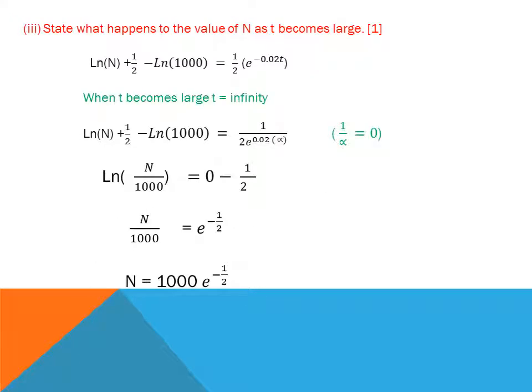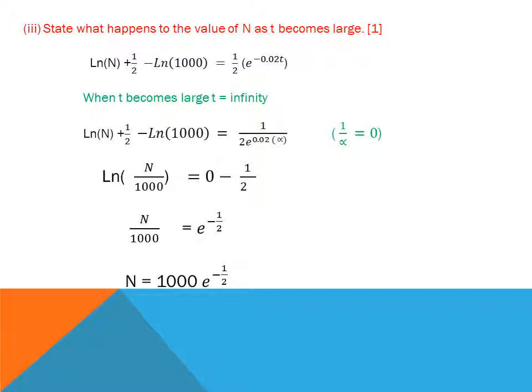In part 2, state what happens to the value of n as t becomes large. When t becomes large, it means t is equal to infinity. So ln of n minus ln 1000 is equal to 1 over 2 e power minus 0.02t minus 1 over 2. When t becomes infinity, I place the value 1 over infinity.